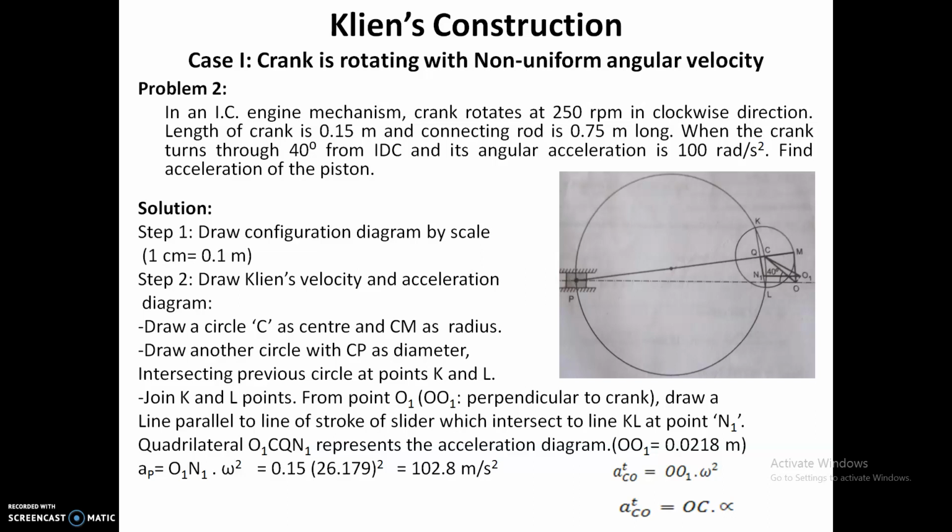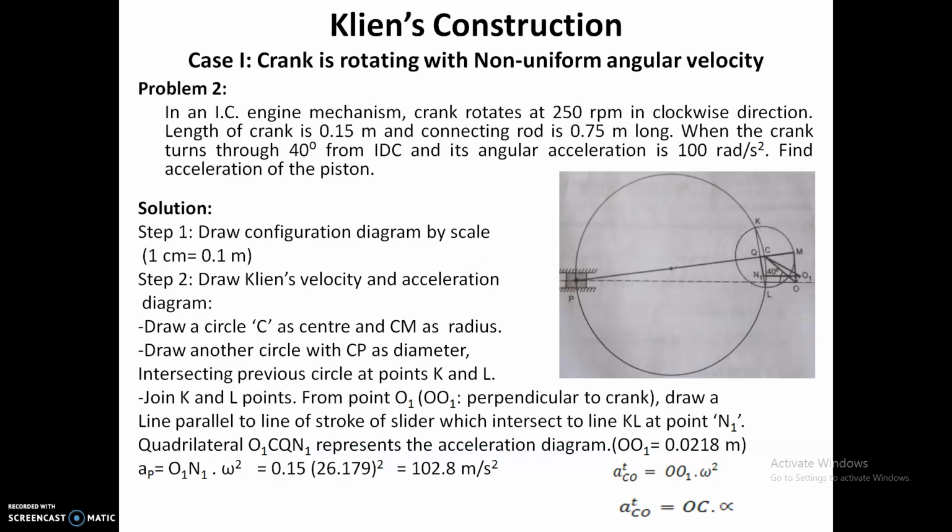You extend this connecting rod CP line, and where this perpendicular line and connecting rod line intersect, you give the notation as capital M. So this triangle OCM is the velocity polygon, right?